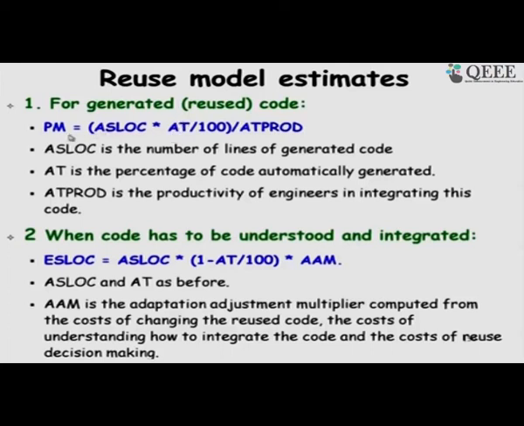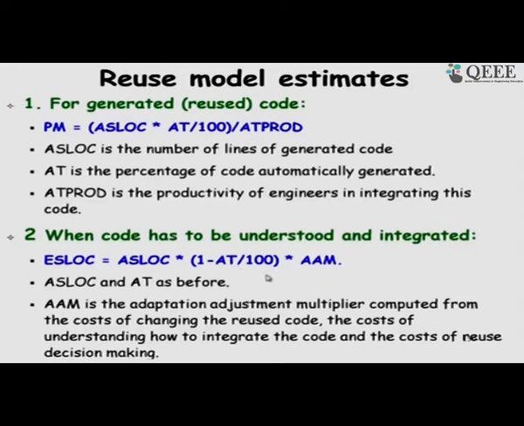So, the person month will be application software lines of code estimation into 0.1, okay, 0.9 is the black box reuse, divided by the productivity in doing the black box reuse. It also takes effort and time to do the black box reuse. You have to understand the parameters, make them work and so on.